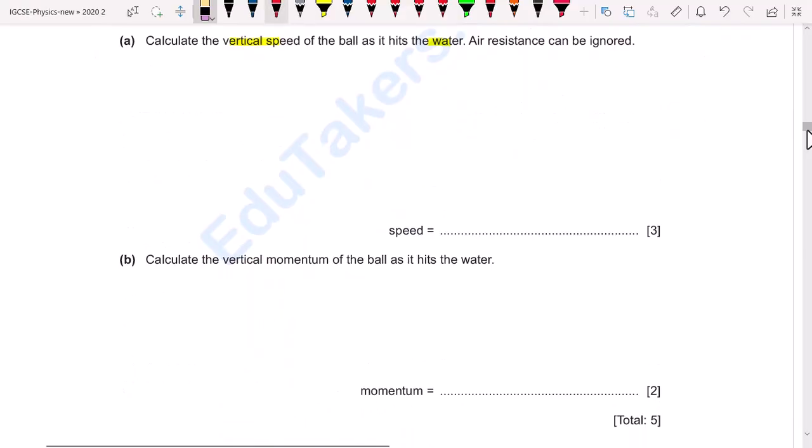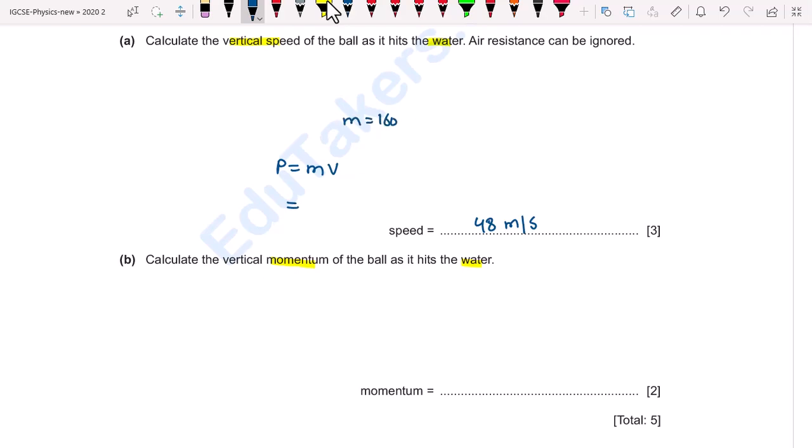So I write here part B. Calculate the vertical momentum of the ball as it hits the water. Here we have to calculate the momentum, and momentum is the product of mass and speed. Mass of the body is given and it is equal to 160 grams. We have to convert into kg, so I divide it by 1000.